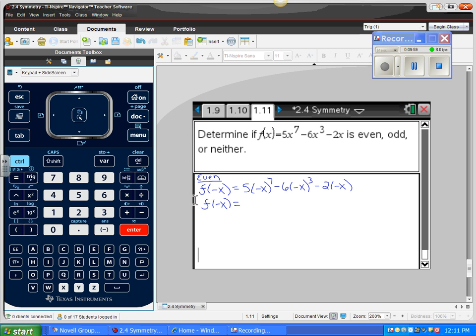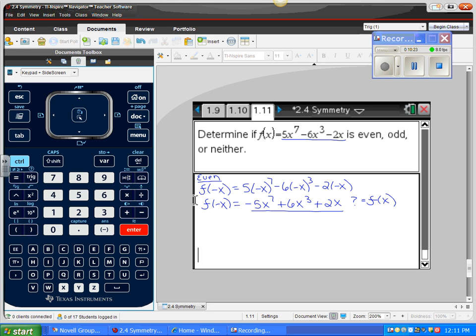Negative or odd exponent means I keep my negative. Okay, so here's what I wind up with. Is f of x equal to f of negative x? Is this the same as this?